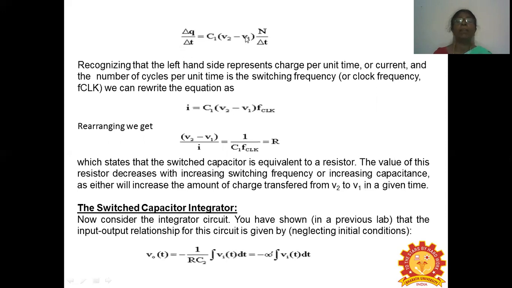So we can rewrite this equation: I is equal to C1 into (V2 minus V1) into F clock. This is represented by F clock.